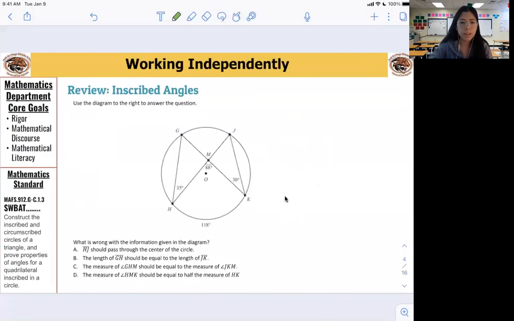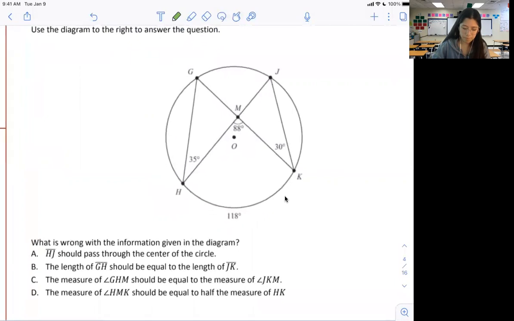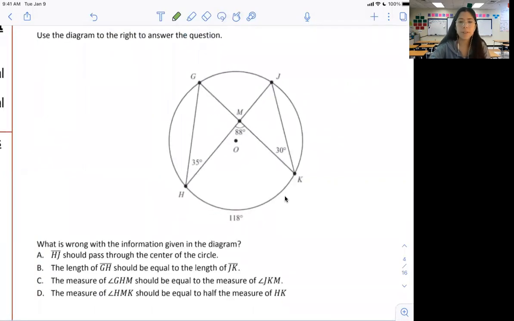Okay, so now let's look at this. Here I have pretty much the same situation. What's wrong with this picture? Why is M wrong? Ah, but here's the thing, Perla. Is M the center?